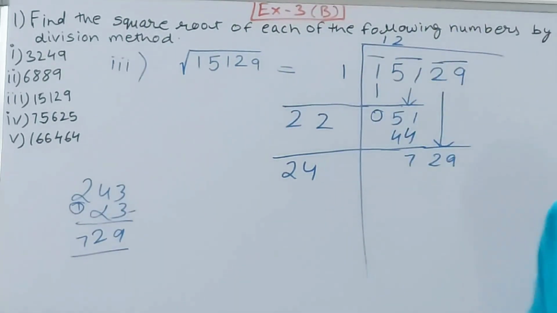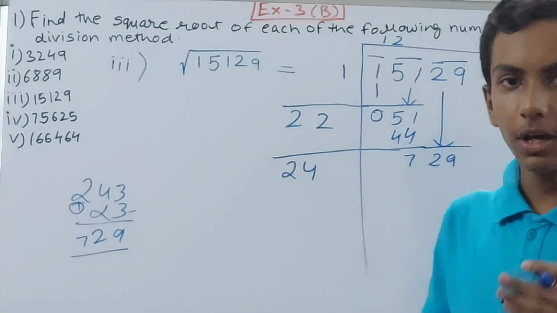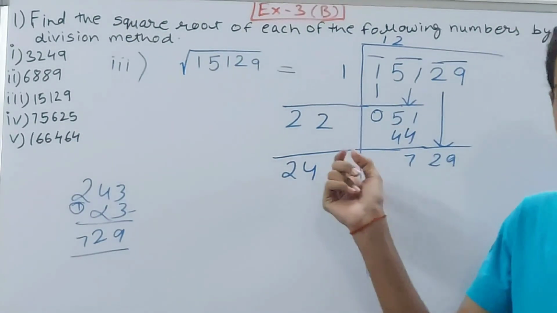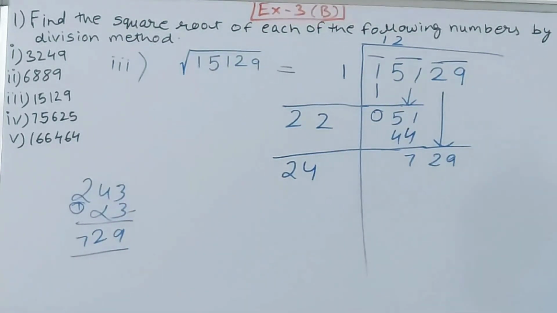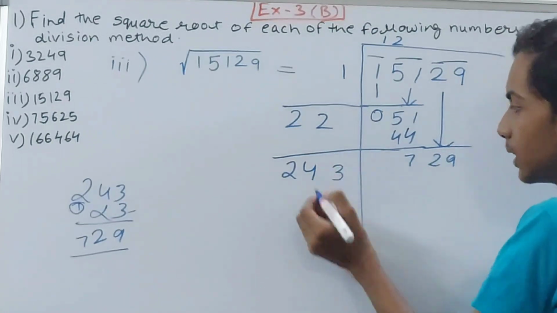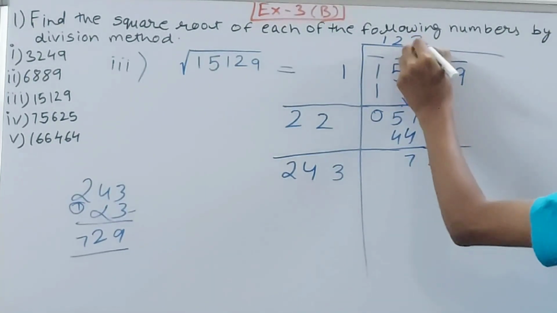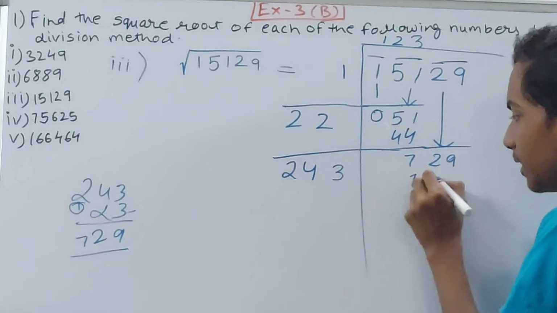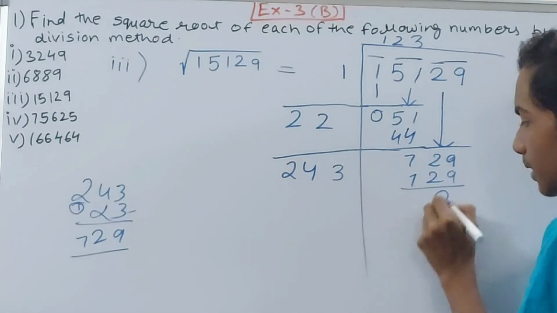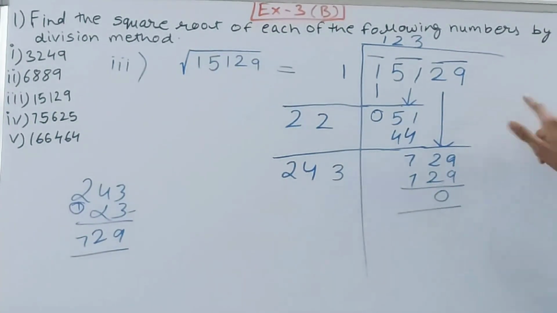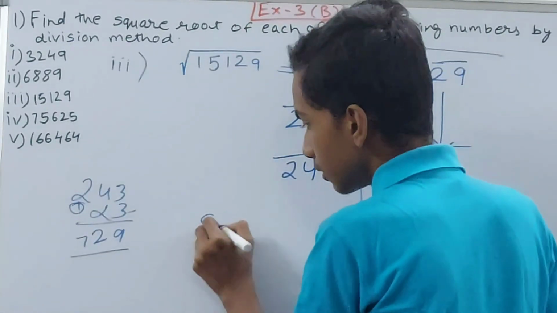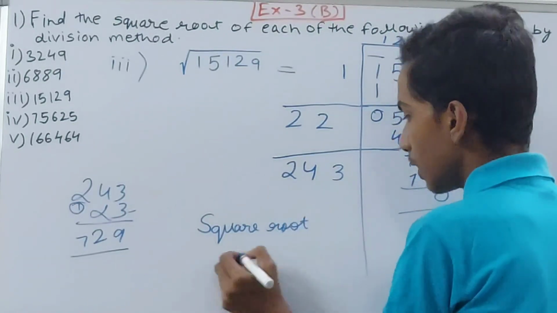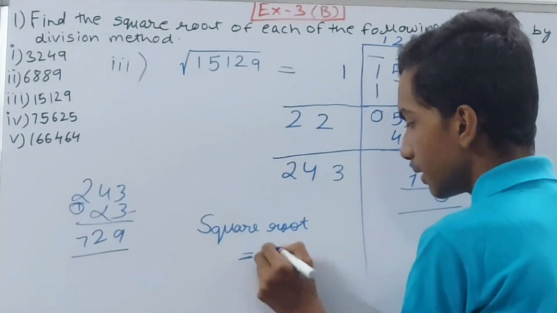I am just showing this for you, but after you have practiced these questions, you can find the number mentally. You don't need to do the multiplication. So 3 here, and 3 here also. So 243 into 3 is 729. So it cuts this number completely. Okay, so this is what the square root becomes: your 123, right?